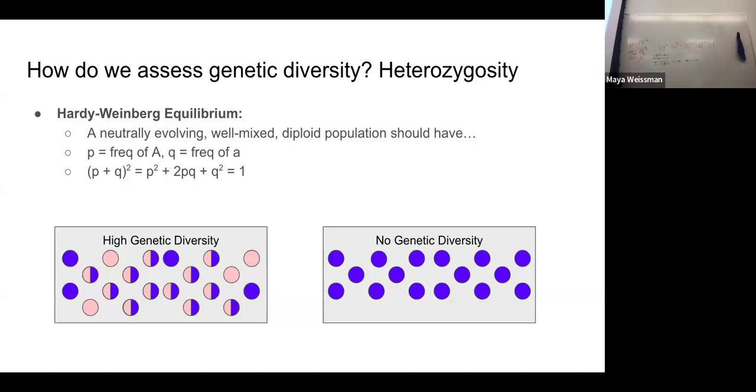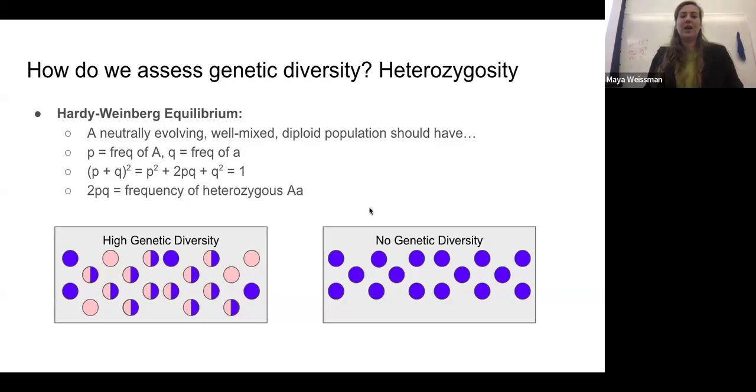P squared refers to people who are homozygous for the blue allele, so the probability that you have a blue allele at both loci is P times P. The opposite is true for Q, for the pinkish allele: the probability that you have Q here and the probability that you have Q here. And then the probability that you have one of each is PQ plus QP, or 2PQ. So this is basic quadratic algebra. And 2PQ is our expected frequency of the heterozygous big A, little a.